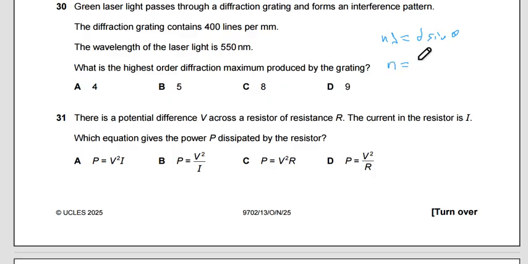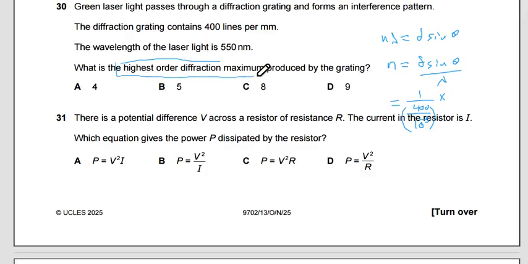So for n, it is equal to d sine theta divided by lambda. D is 1 over this number, and we should convert per millimeter to per meter. So under the 400 we will multiply by 10 to minus 3 times sine theta, as we are looking for the highest order.